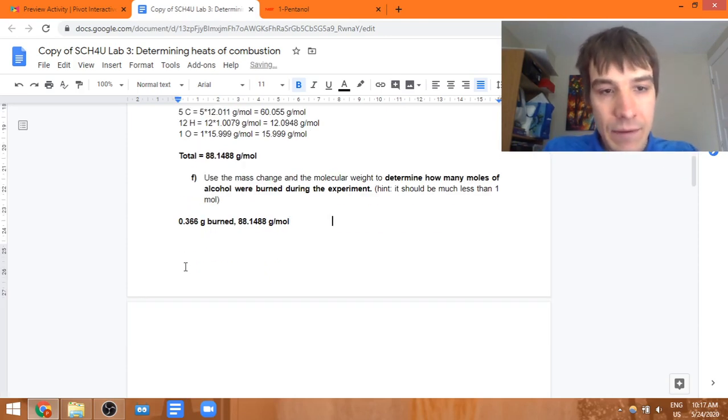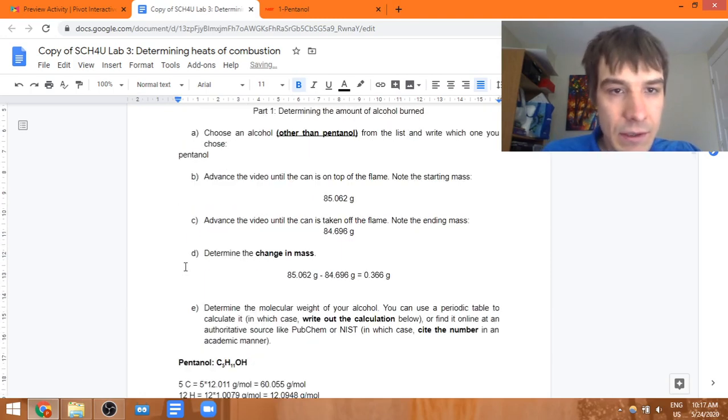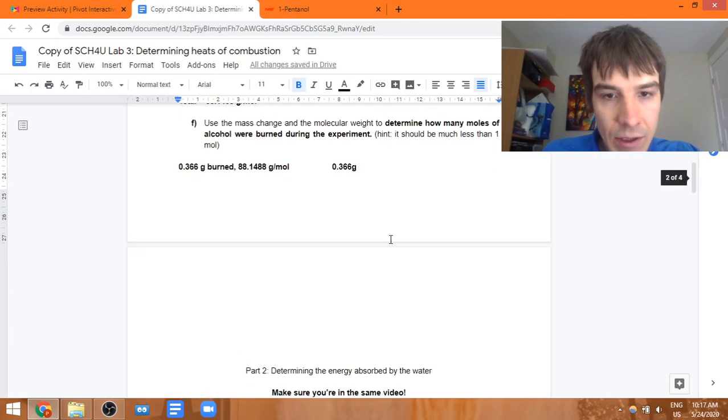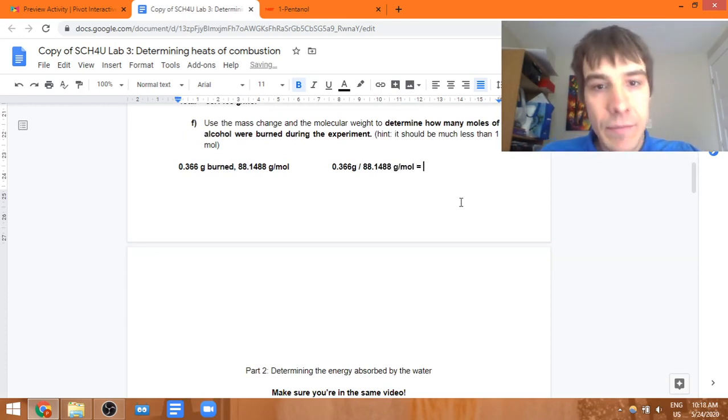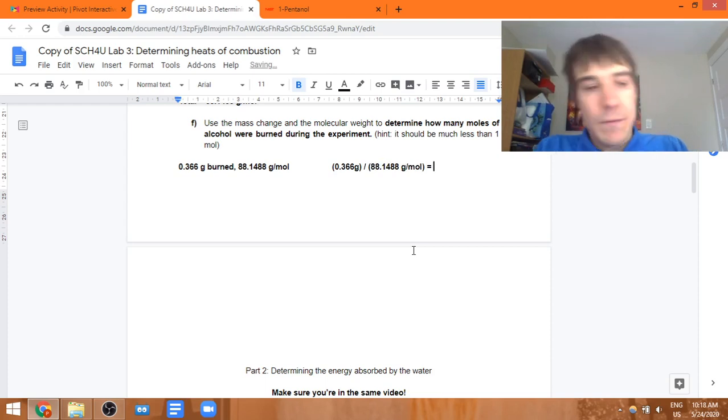And so we're going to have to divide 0.366 grams. Is it 366? Yes. Divided by 88.1488 grams per mole, and I'm just going to put some brackets around here to make it look better. And that's going to be equal to some very small number.